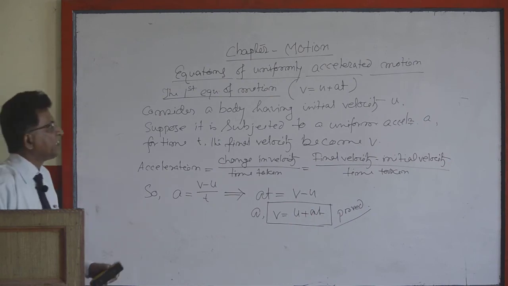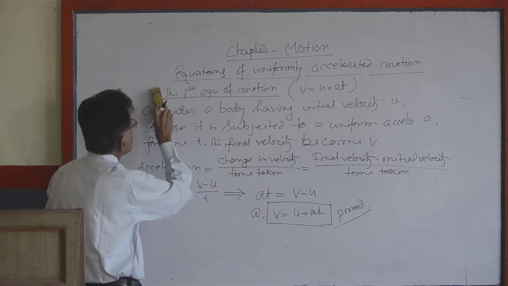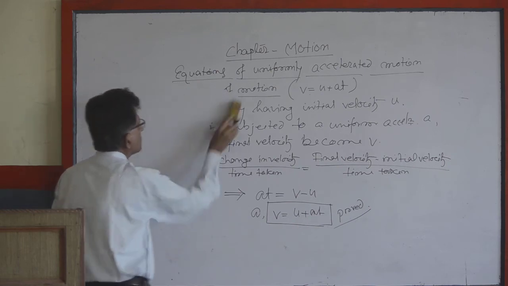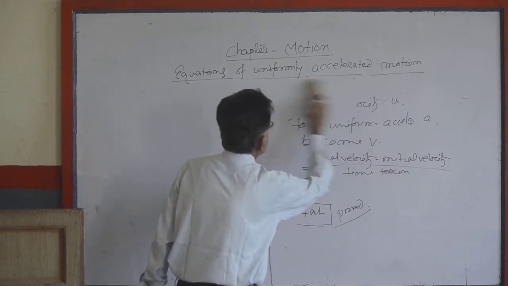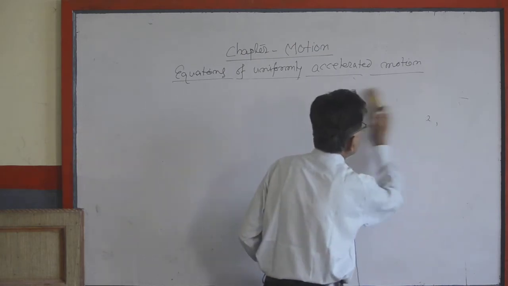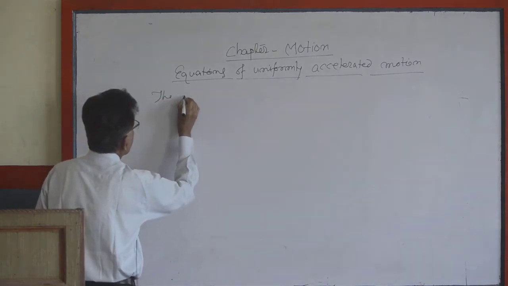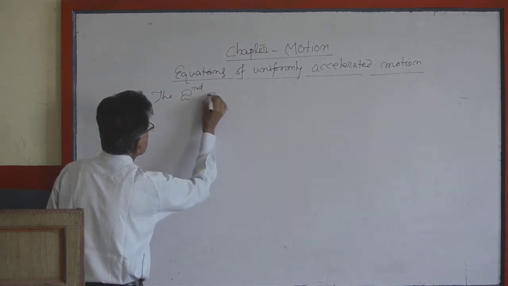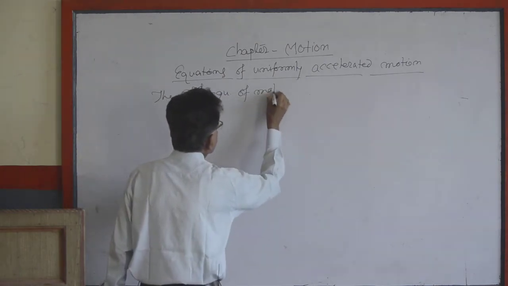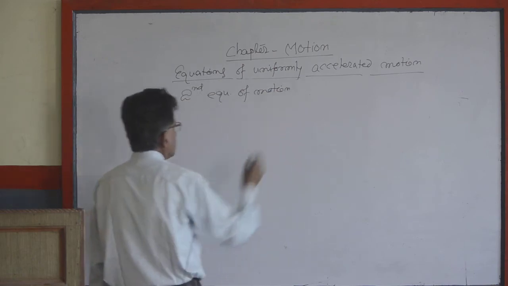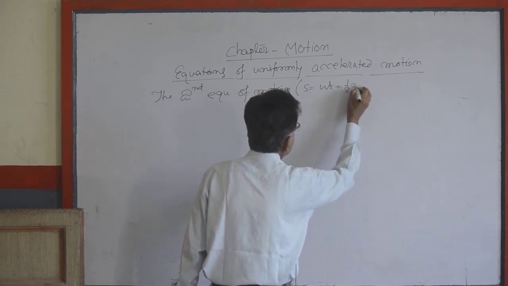Now I discuss the second equation of motion: s equal to ut plus half at square.